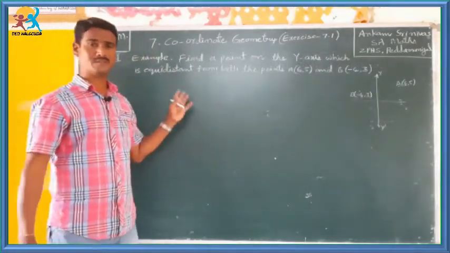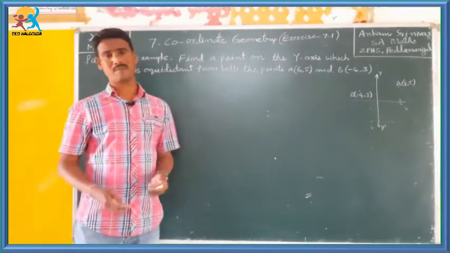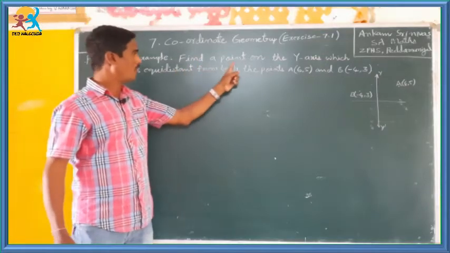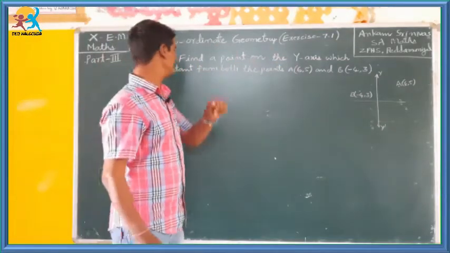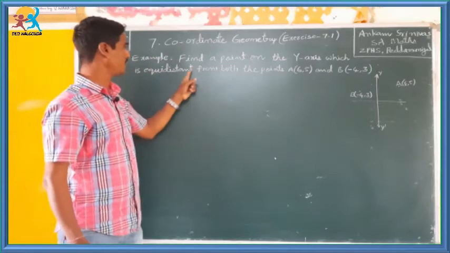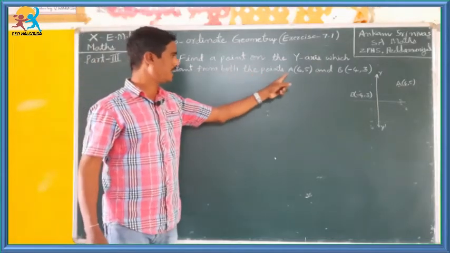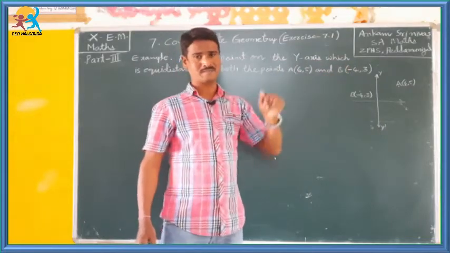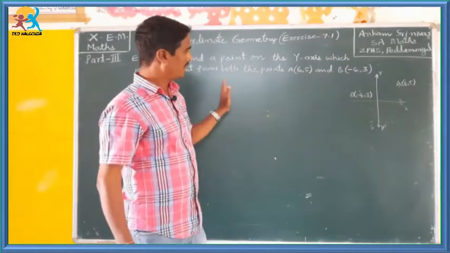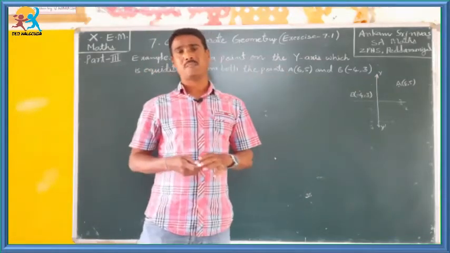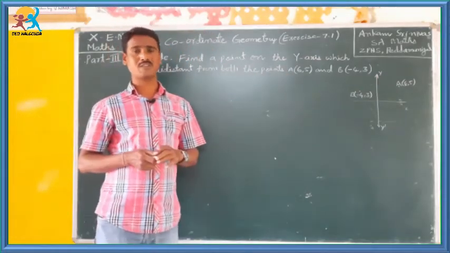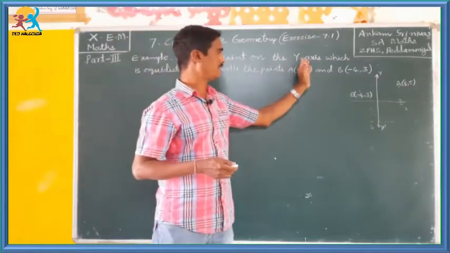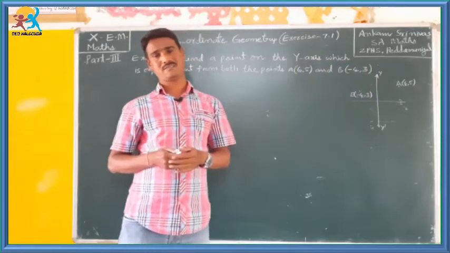Now see another type of problem that depends on the distance formula. Find a point on the y-axis which is equidistant from both the points A(6, 5) and B(-4, 3). We know that for points on the y-axis, the x coordinate is 0.